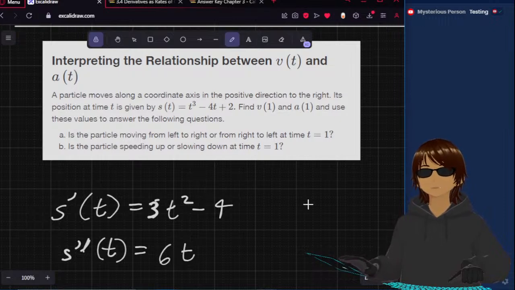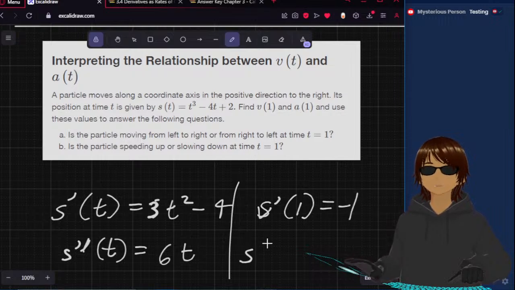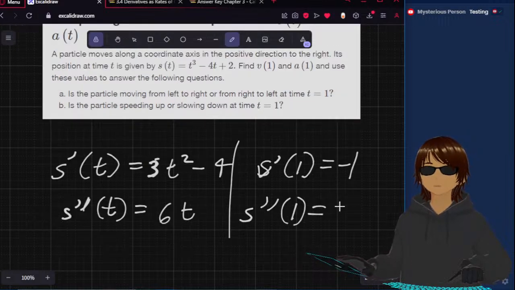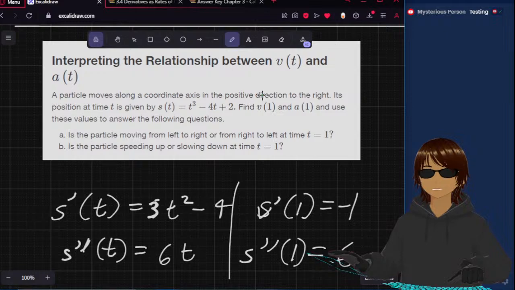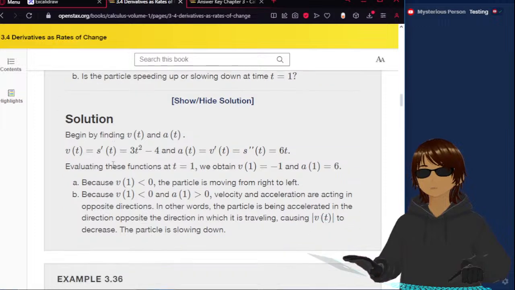So then at 1 it would be 3 minus 4. So this at 1 would be 6. So it's speeding up, but it's going in the negative direction. The positive direction is to the right. The negative direction is to the left. Okay.